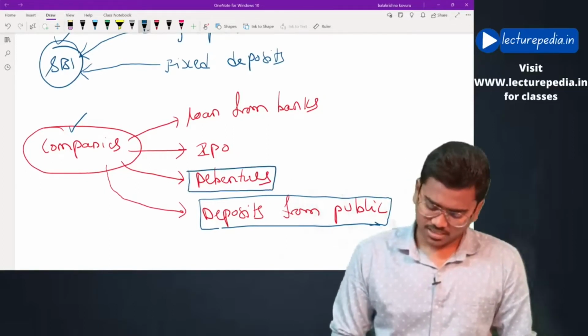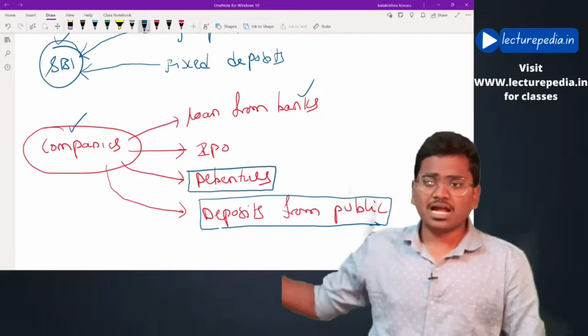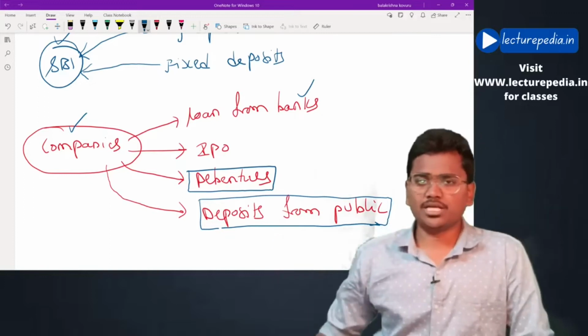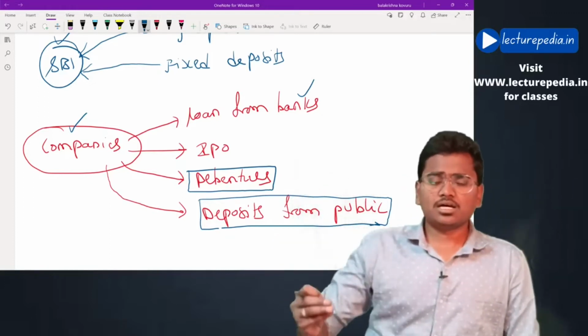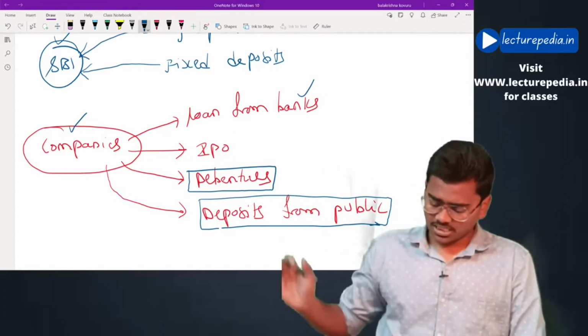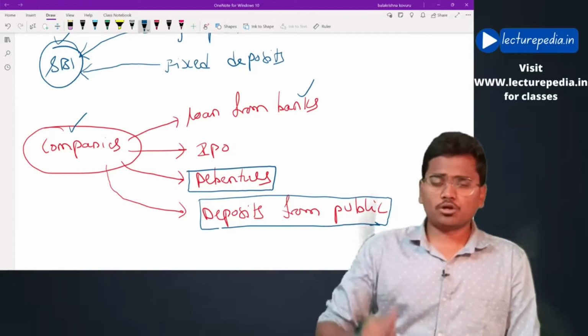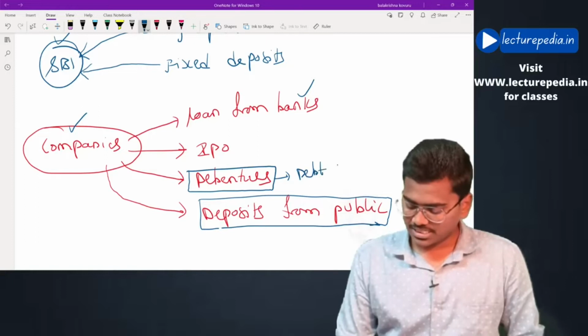Generally, loan means loan from the bank, it is a debt, and IPO would be equity. By issuing equity, the company will be raising money. And in case of debentures, the entity will issue debentures to the public and it will raise money. Even debentures are also one of the debt instruments, you can say.